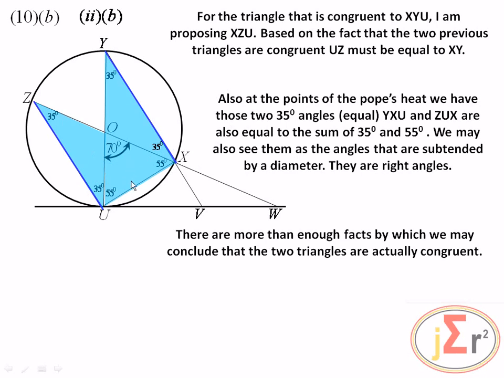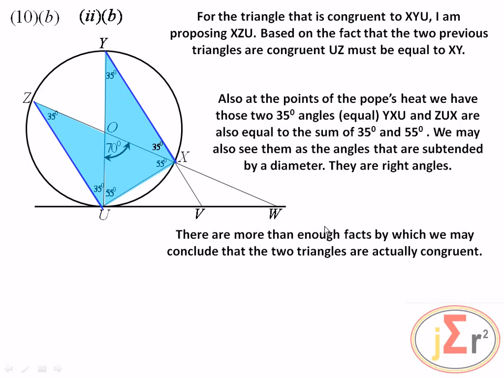We may also see these angles are angles that subtend the diameter. So this is the diameter, and this angle subtends the diameter, so it is a right angle. And also this diameter here, these two angles are spanning the diameter. They have a sum of 90 degrees, so it is not difficult to see that they are right angles, not because of their sum, but because they span the diameter.